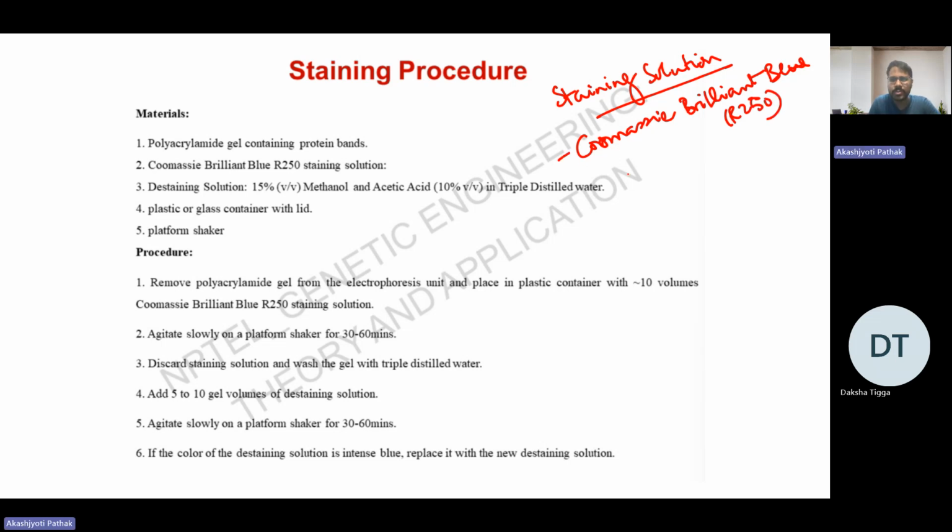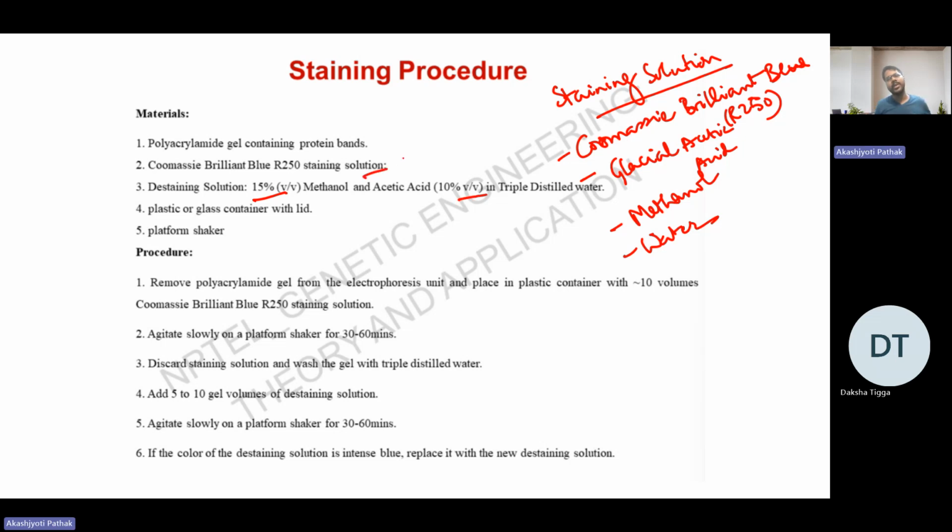Other than this, you have glacial acetic acid, and you also have methanol and water. So you need to prepare the staining solution as well. The methanol and acetic acid are prepared in this composition: 15% volume by volume methanol. If you prepare 100 ml staining solution, you must add 15 ml methanol, 10 ml acetic acid, and the rest you make up with water.